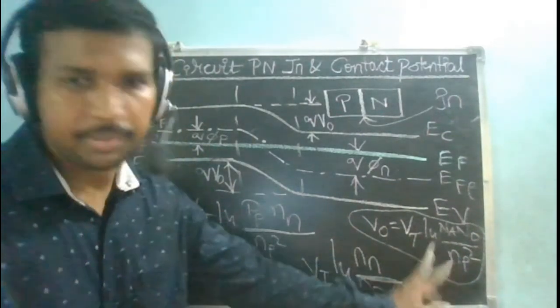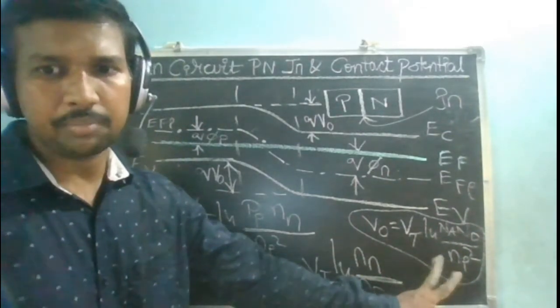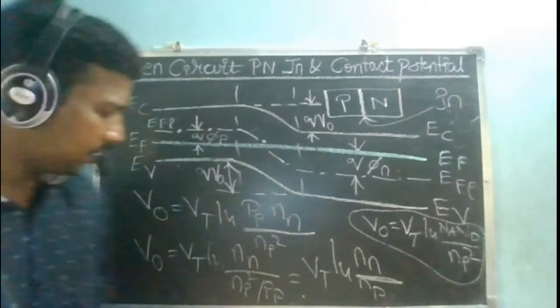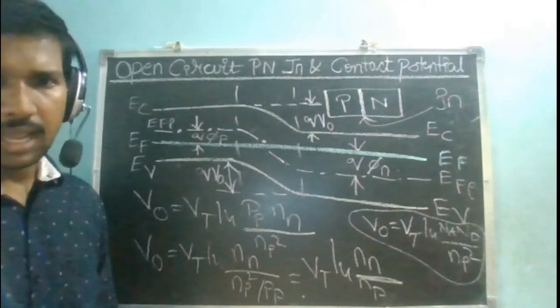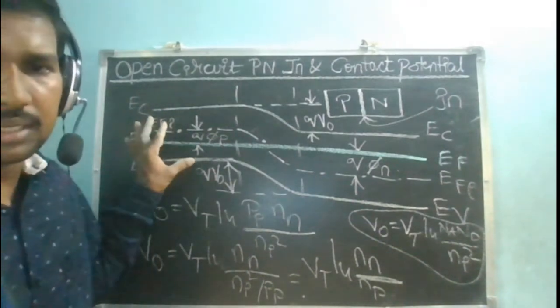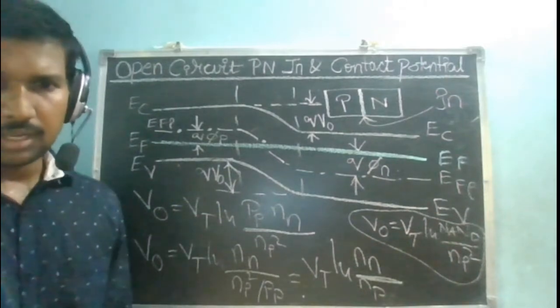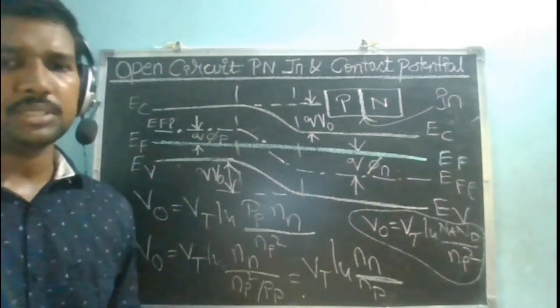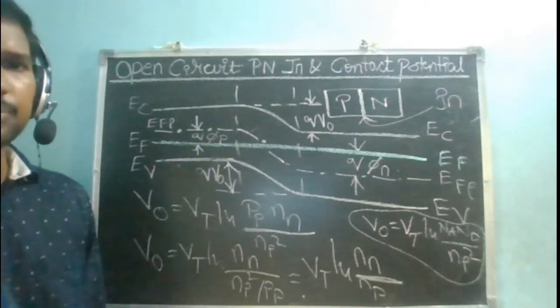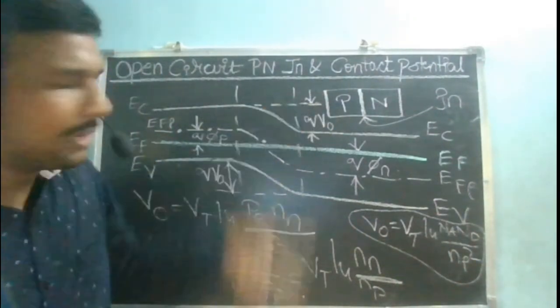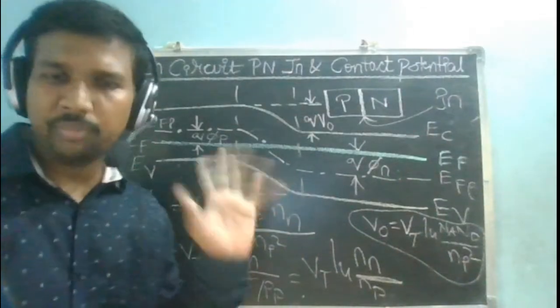So don't stop here only. People normally give you Na, Nd and Ni square. I may not give you those; I'll tell you how many charge carriers are there in your p-type and how many in your n-type. That's all. Are you able to calculate your built-in potential? Yes, you can, because the built-in potential depends on how it has arrived. Initially there is no built-in potential.